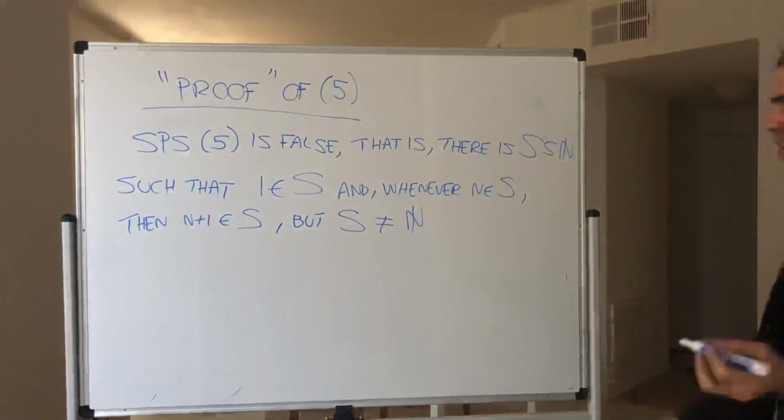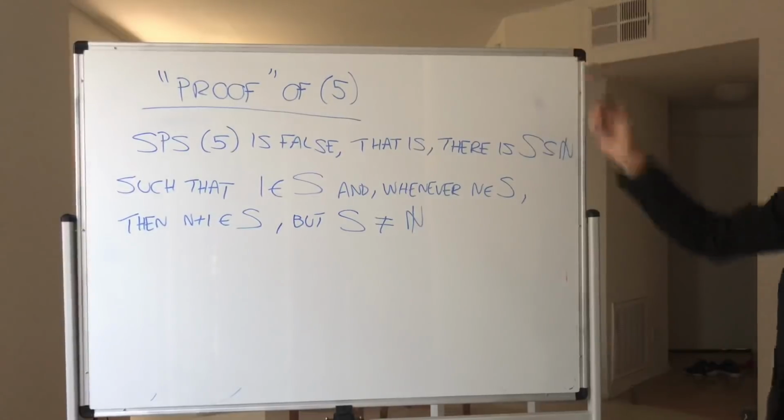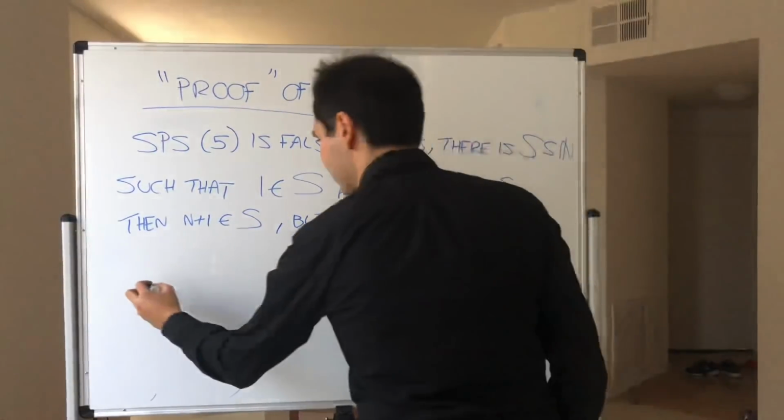So, in other words, there's a strict subset satisfying those 2 properties.